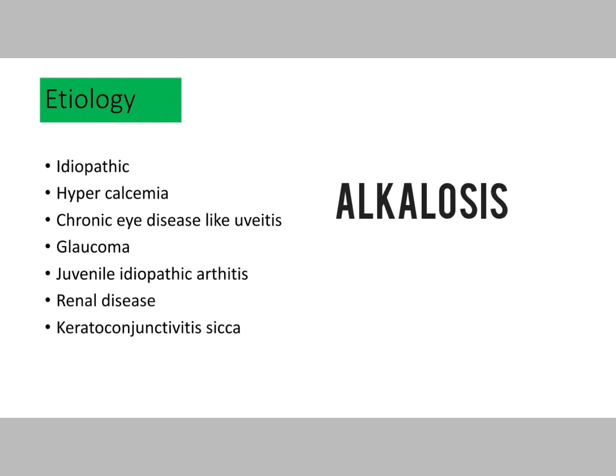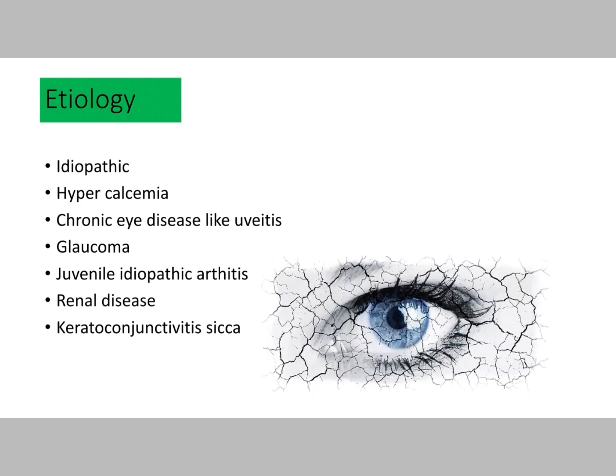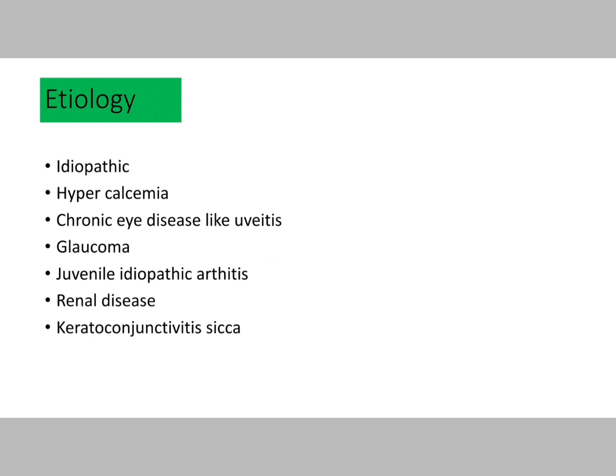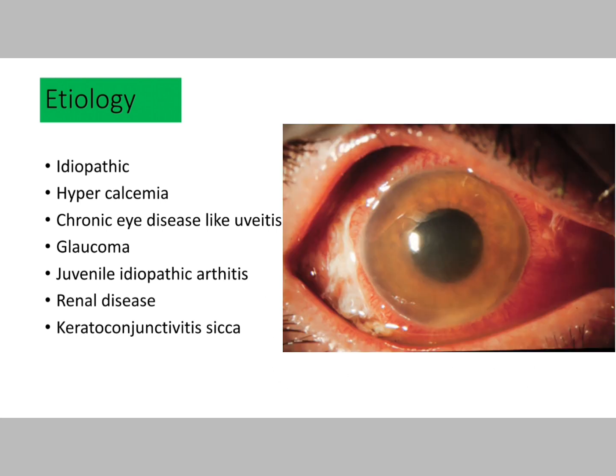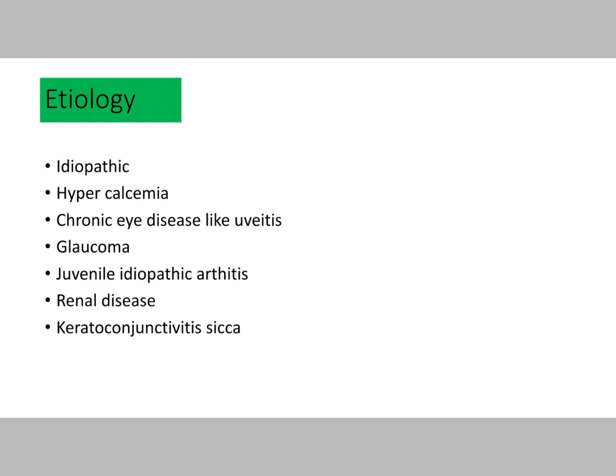Now alkalosis on the surface of the cornea. What is alkalosis? It is the excessive nature of alkaline. So alkalosis on the surface of the cornea can also lead to band-shaped keratopathy. It also can be due to keratoconjunctivitis sicca, leading to evaporative dry eye. Any cause of uveitis can cause band-shaped keratopathy, as I told you earlier.